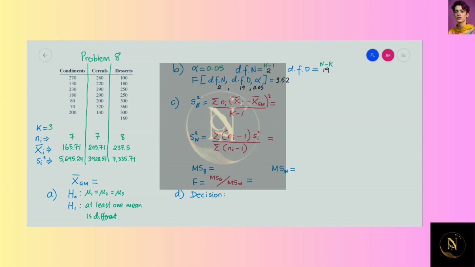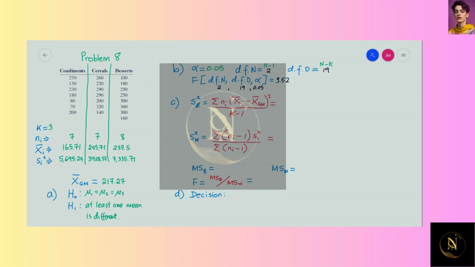And so when you substitute the values into this equation, then you will have your variance between the groups. Also, we need the grand mean for the whole data, and the grand mean is gotten by adding all the salt amounts for all the three types of foods and then dividing by the sample size of 22, and that gives us 217.2727.